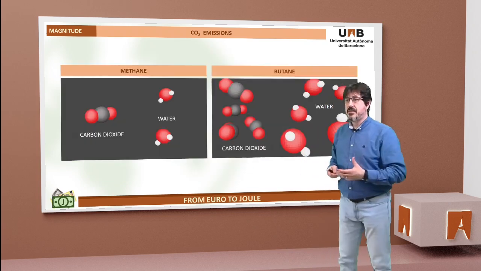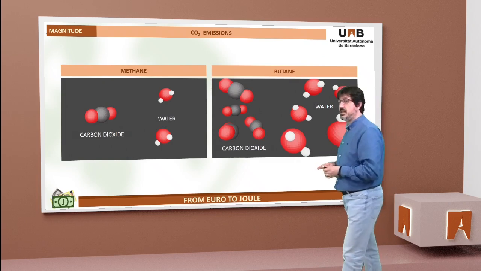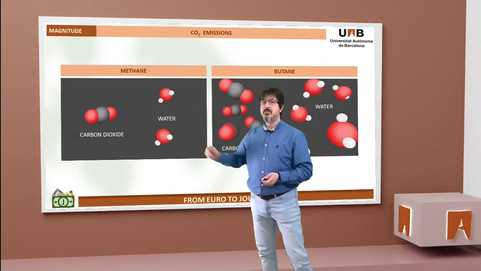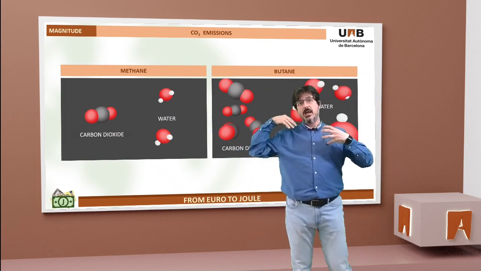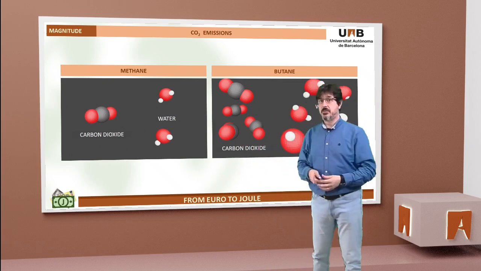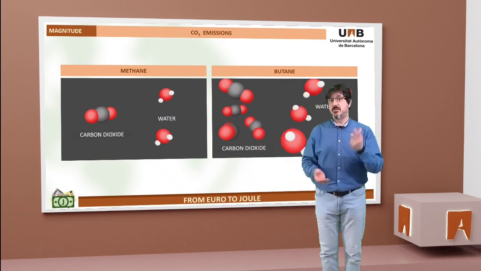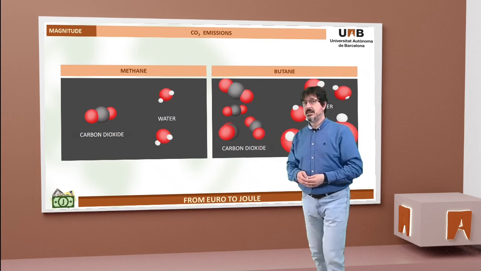If we compare the combustion of methane with the combustion of butane, we see that in the case of methane, we obtained double the molecules of water than of carbon dioxide, while in the case of butane, we obtained almost the same amount of carbon dioxide as water.